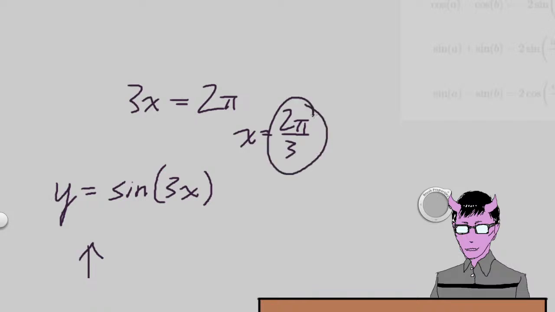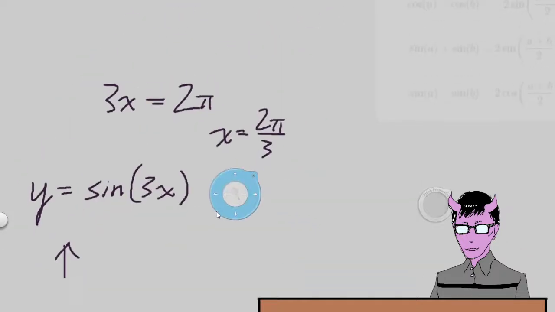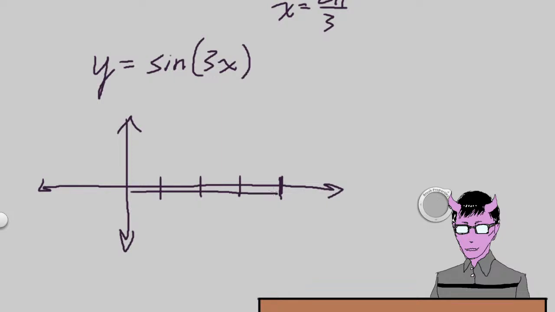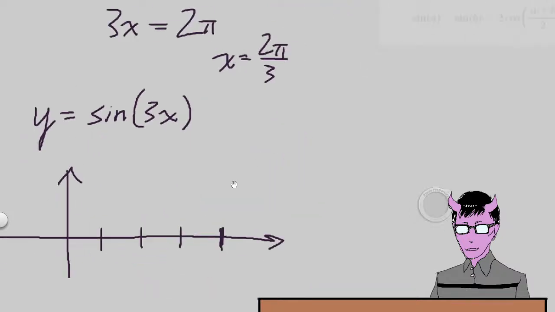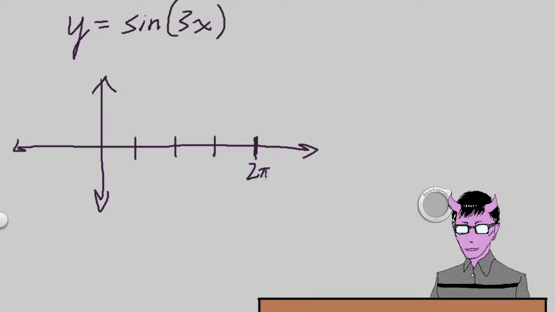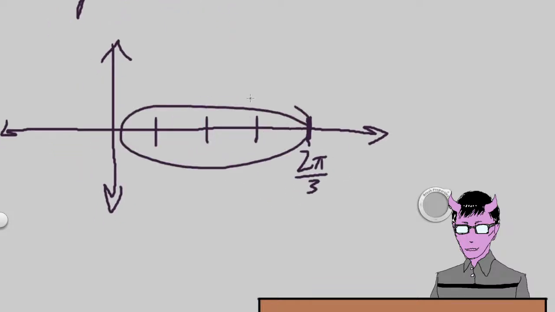So that, from 0 to 2 pi over 3 prior to shifts, is going to be full period. So from here, 4 hash marks is full period. We've just determined that 2 pi over 3 is the full period. So how do we populate the rest of these hash marks? That's not too bad, actually.